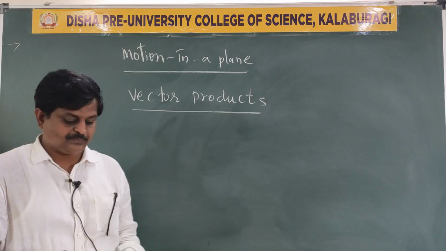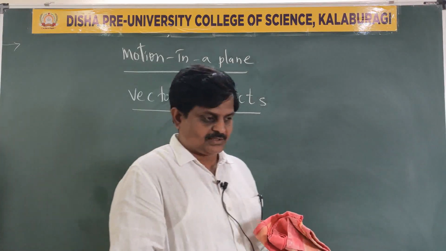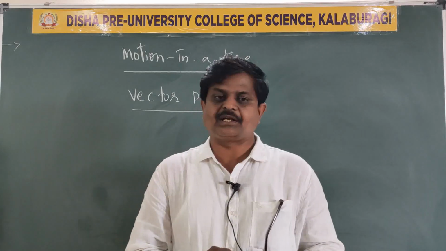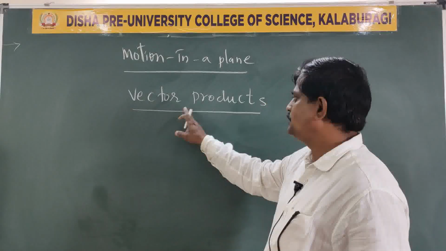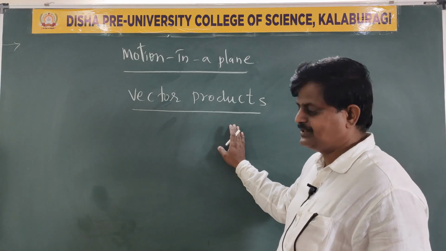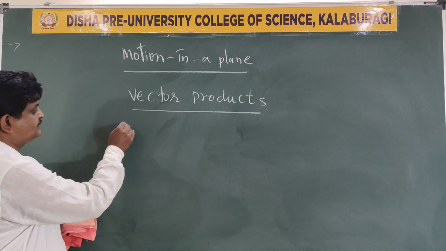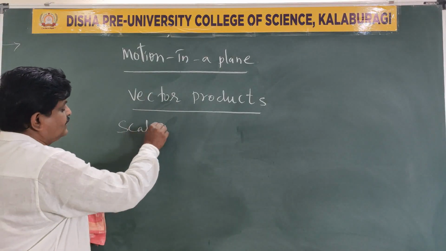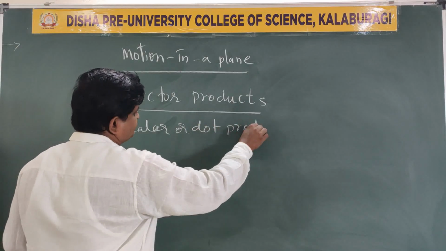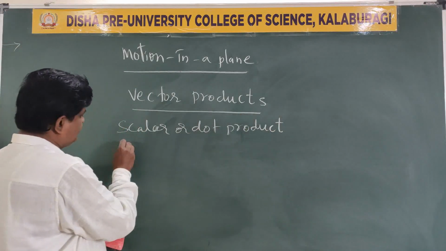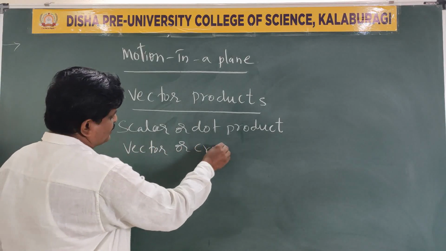So one more type. Based on the product, when we operate two vectors, we define two types of vector products. One is a scalar product. It is also referred to as a dot product. Scalar or dot product. Agree? Second one is vector or cross product.